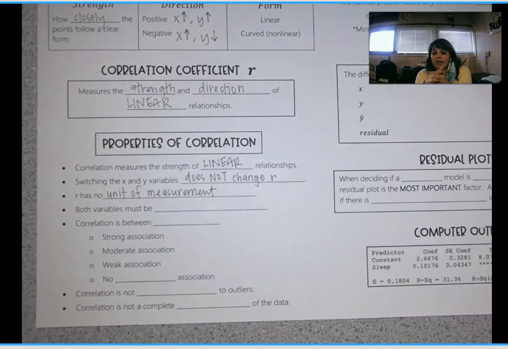If you're looking at how long it takes you to finish the race, it doesn't matter if you describe that time in minutes or seconds, it's still the same amount of time. You still finished the race at the same speed, at the same time. You're just measuring it or describing it differently.